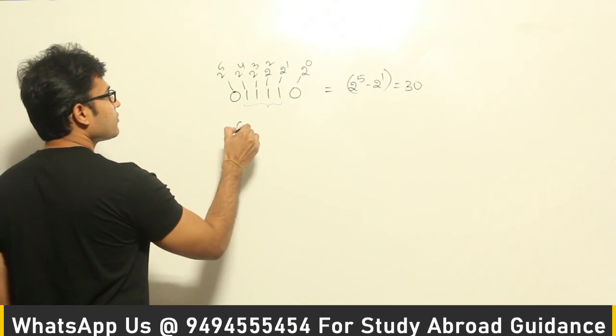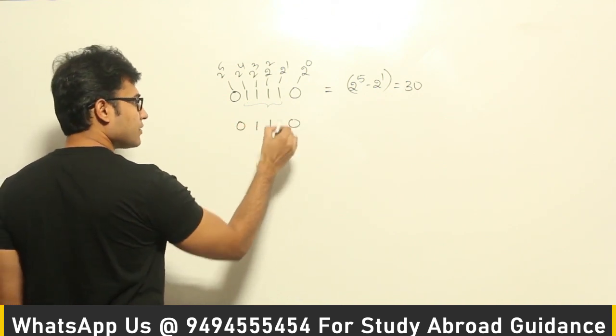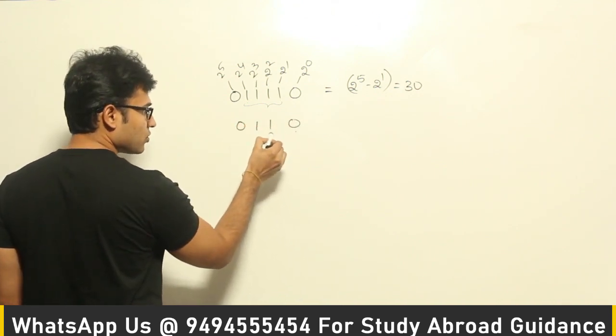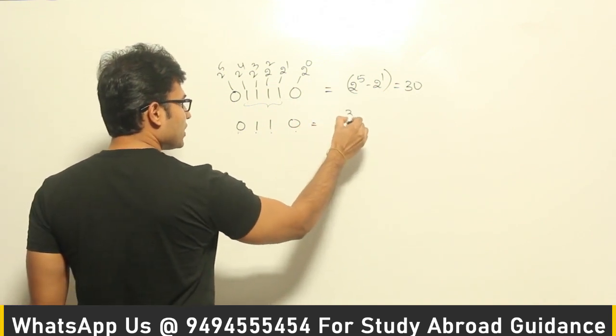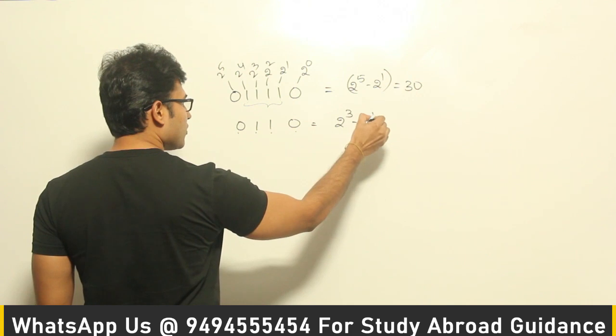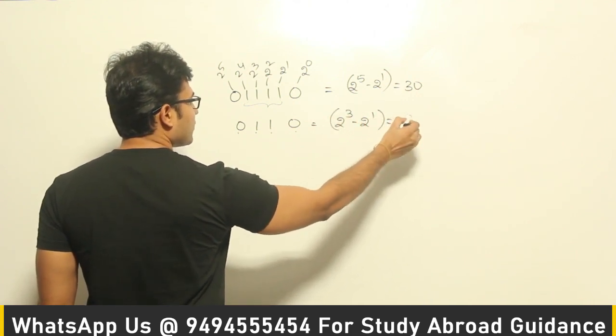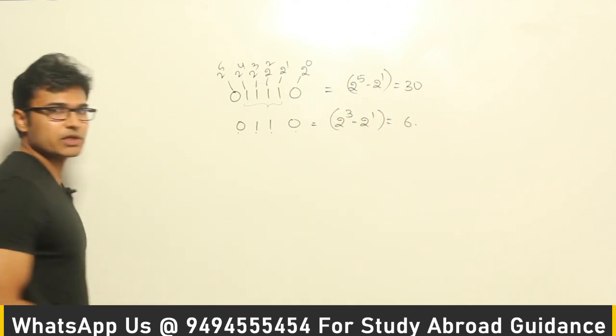Now similarly, if you have 0 1 1 0, let's say, the weights are 2 power 0, 2 power 1, 2 power 2, 2 power 3. You can write it as 2 power 3 minus 2 power 1, which is 6. You can check it.